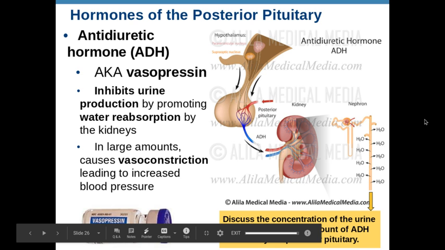The other thing that happens is that we're looking here at water leaving the urine that is being produced, right here seen in this diagram. So what happens with the concentration of urine when we take out all the water? Usually you get this really strong smelling, very yellow in color urine that gets excreted from the body.